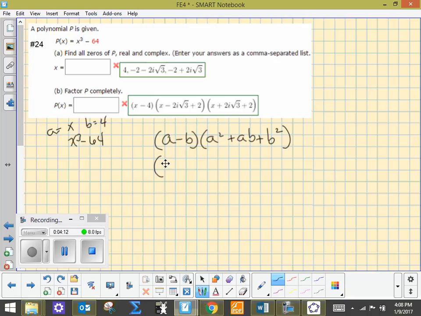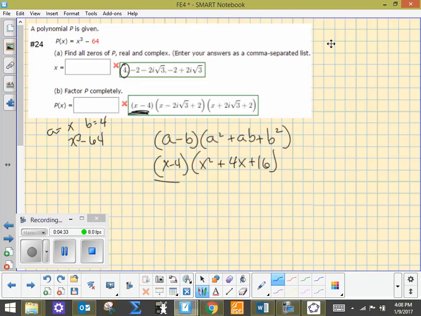A minus b will be x minus 4, and then we'll go x squared plus 4x plus 16. This is one of your factors, so that is one of your 0s. You're starting to see right here that that's the 0 that came from it, and then this is the factor that goes with it. So kind of answer these two things at the same time.